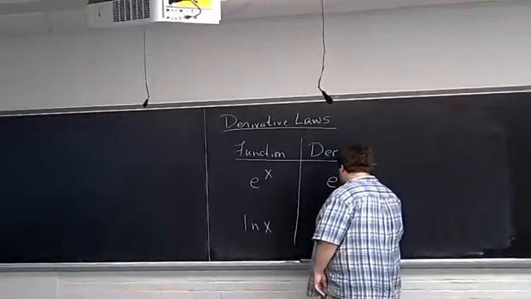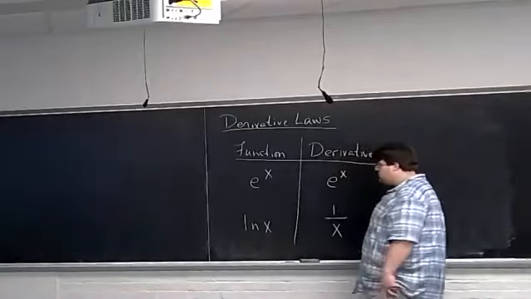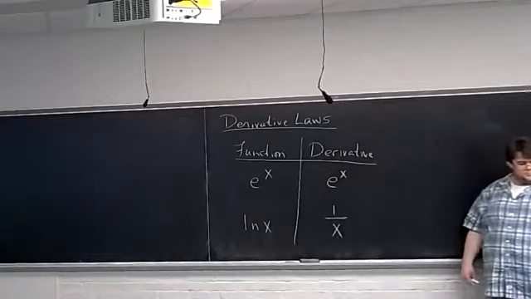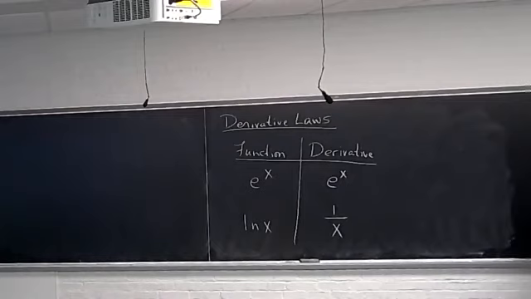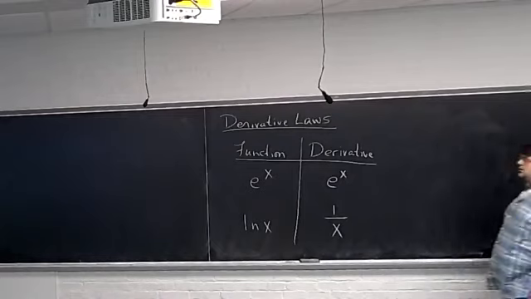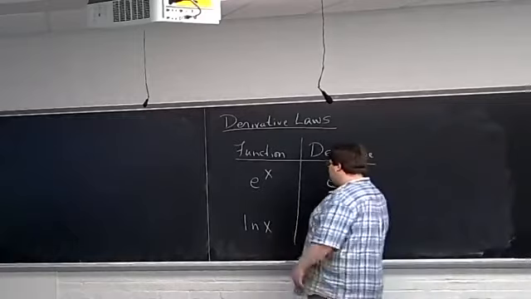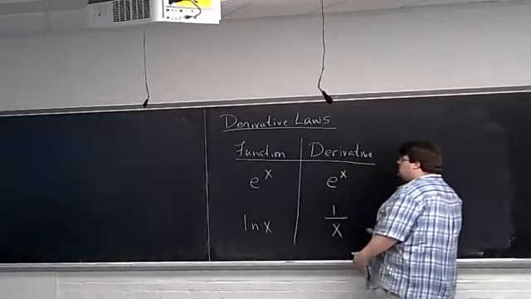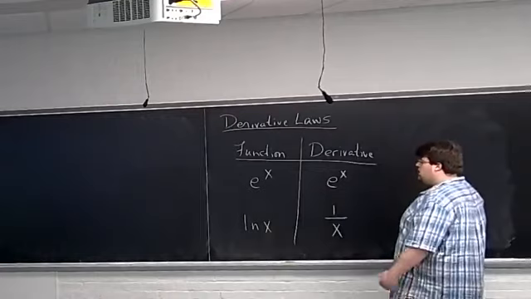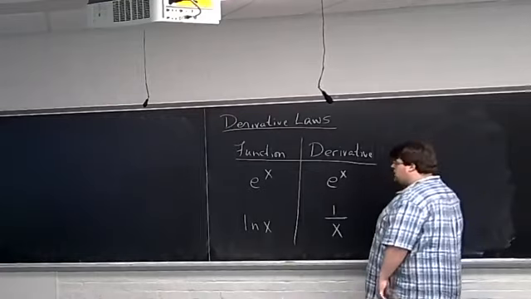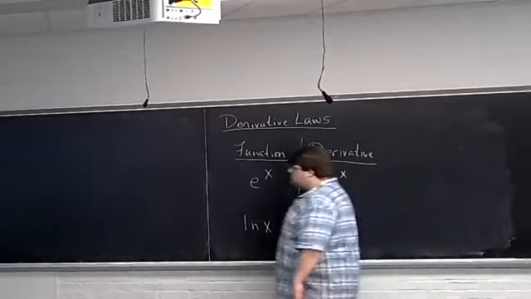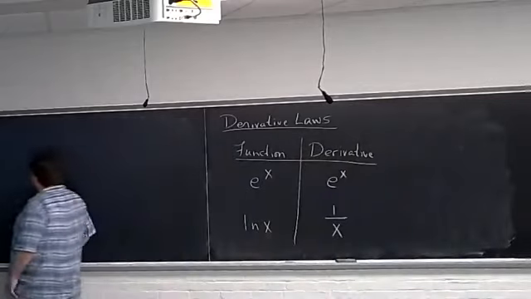The derivative of the natural logarithm of x is 1 divided by that x. So we have here the natural exponential function and derivative. Well, what about the general exponential function and derivative? I'll give you a moment to write that down because I'm about to erase it.